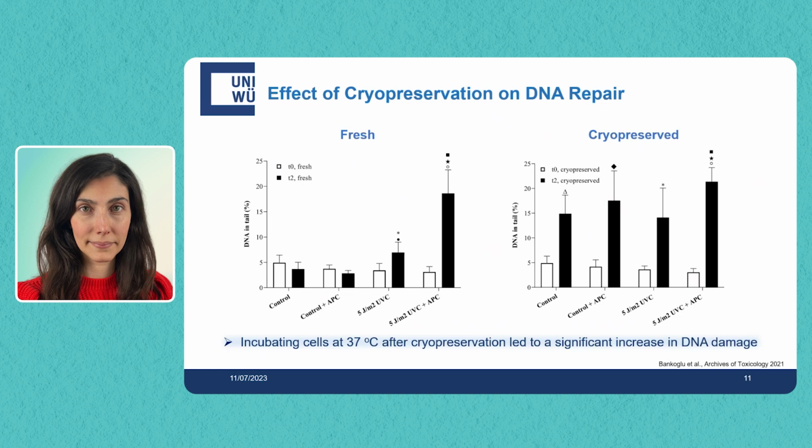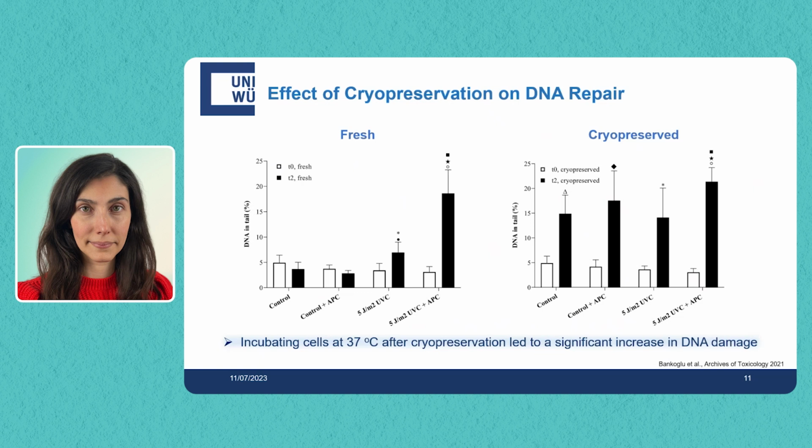However, after 2 hours of incubation, you see a slight increase without an inhibitor because the incision and the excision are going on at the same time. However, once we give the aphidicolin to inhibit the gap filling, these strand breaks accumulate over time, which shows the incision activity of the repair enzymes. So the UVC-induced lesions are repaired, so it can be counted as a repair activity.